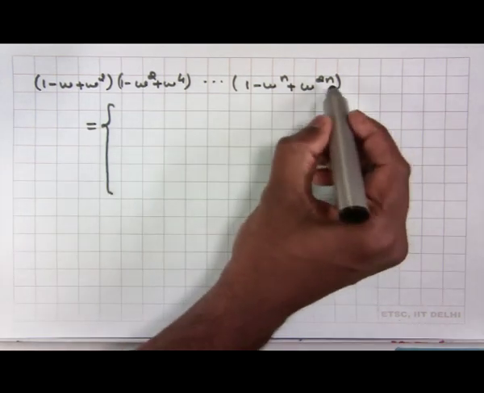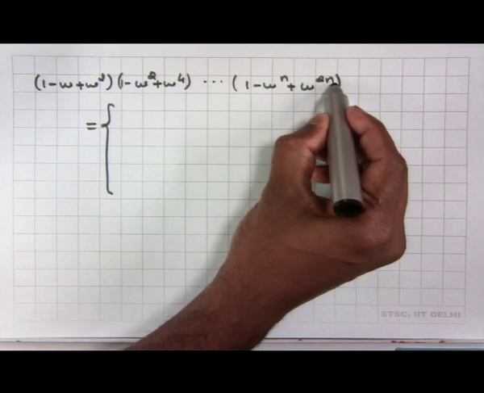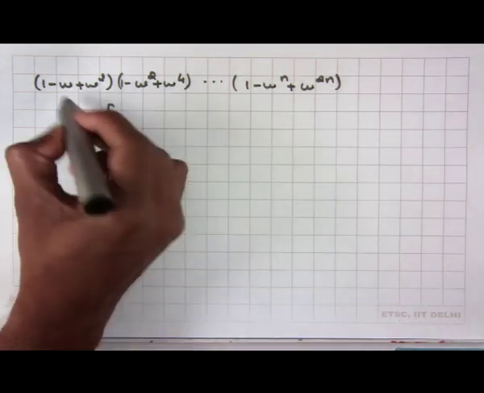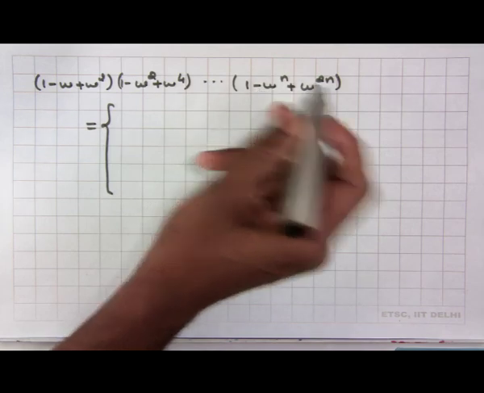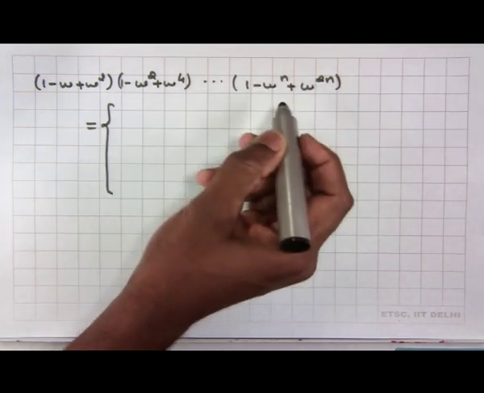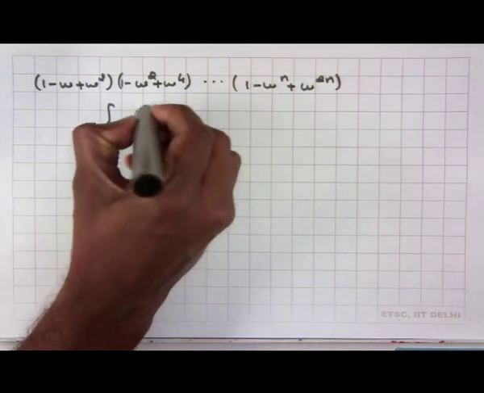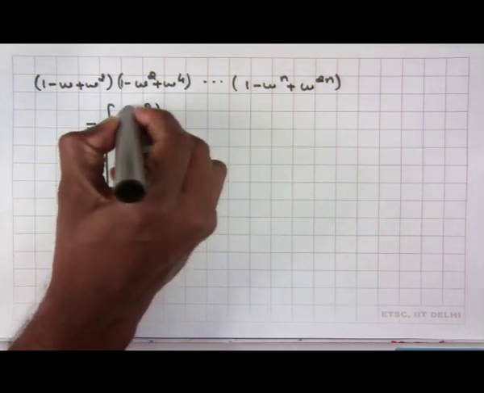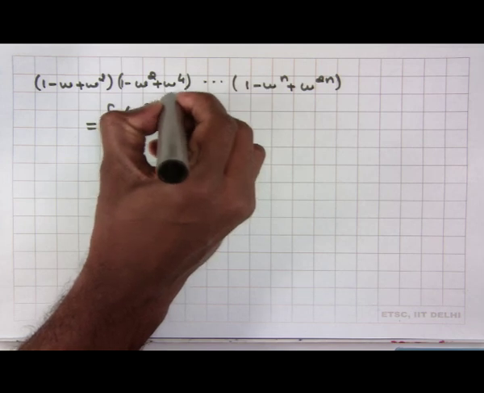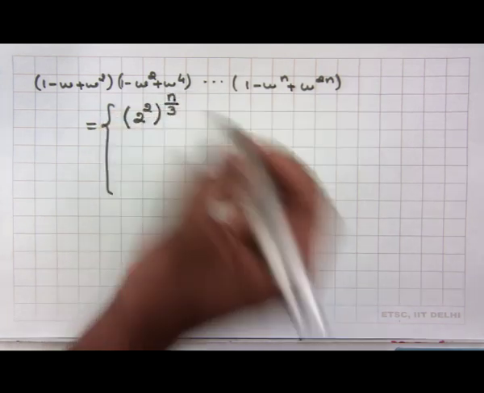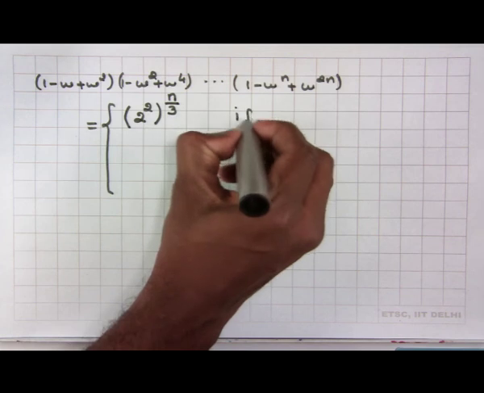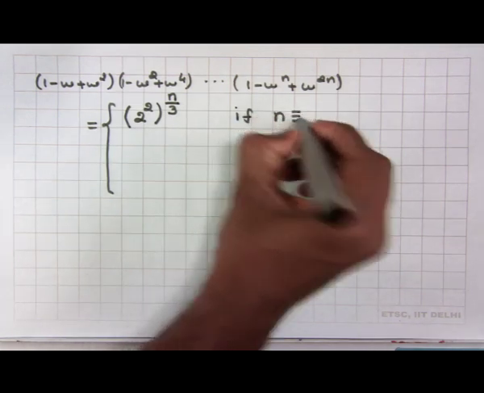Suppose n is a multiple of 3, then we can combine 3 terms each, and the product we are going to get is 2 square, and the number of times you are going to multiply is n by 3. This happens when n is a multiple of 3.